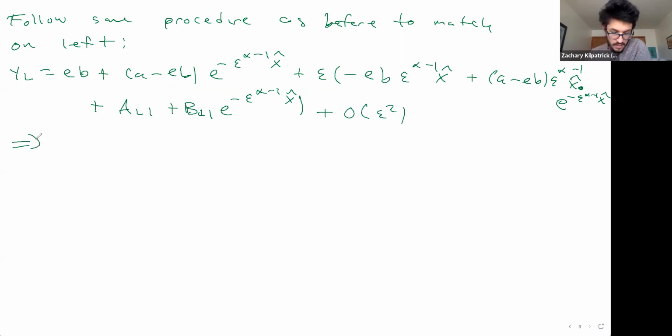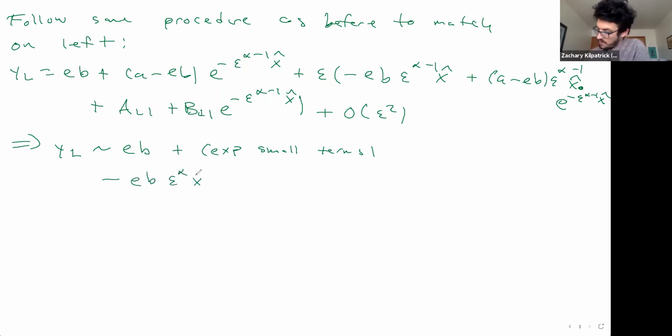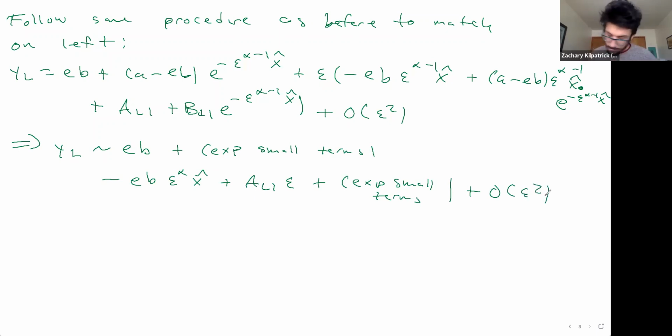So this implies that YL is going to be given by EB plus some exponentially small terms, minus EB epsilon to the alpha x hat, plus AL1 epsilon plus some exponentially small terms, plus order epsilon squared.